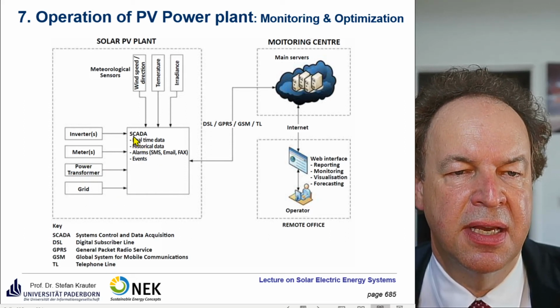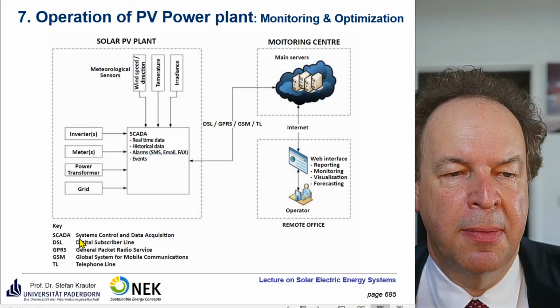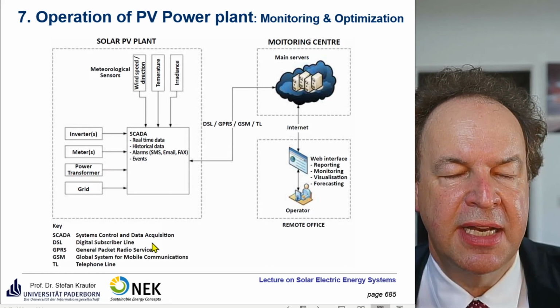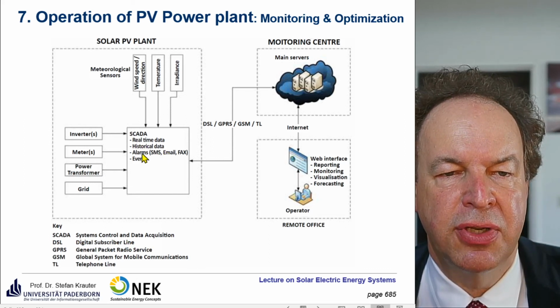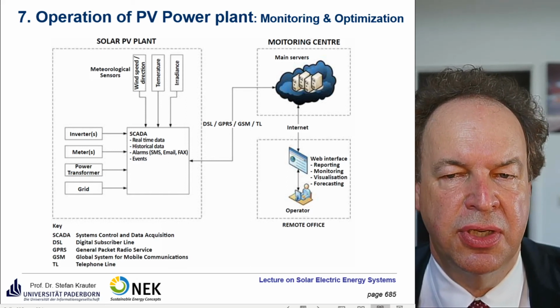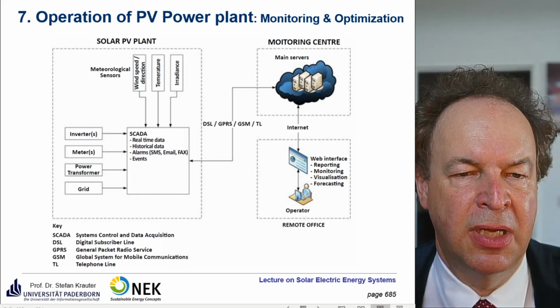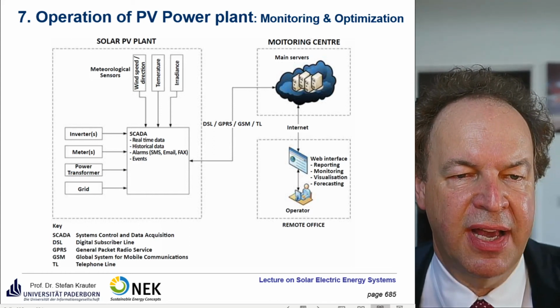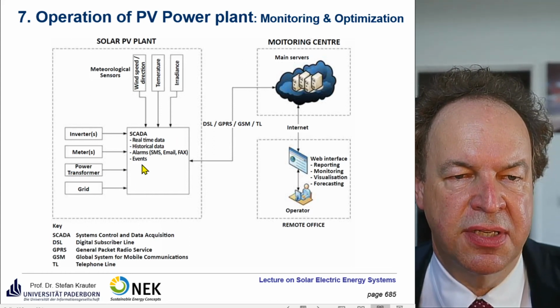And this SCADA system, it's called a System Control and Data Acquisition system. It provides real-time data, but also historical data, alarms. In case there is a problem, it sends an SMS to the operator, or email or a fax, and logs some events.